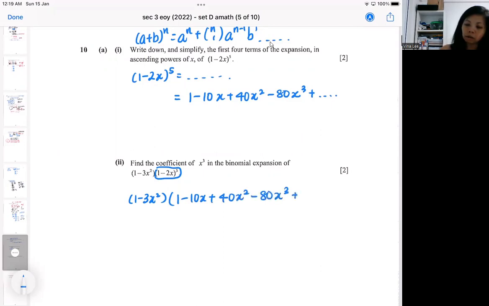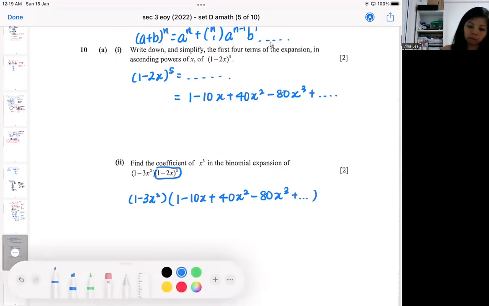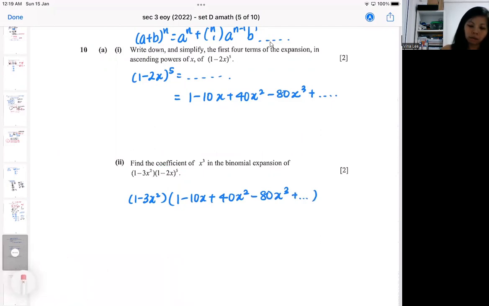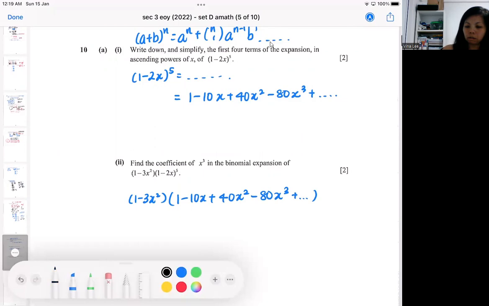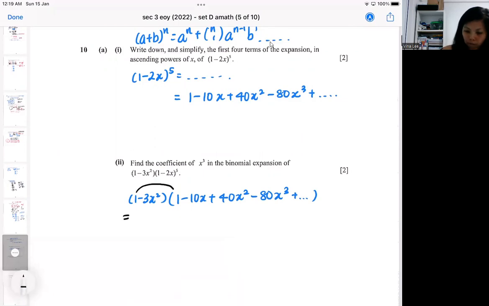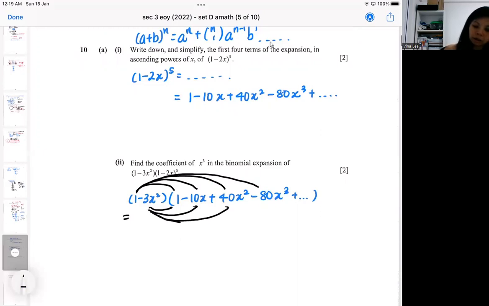So how am I going to get the coefficient of x cubed? One method, some people, they will expand out everything, and then they just go for the x cube.